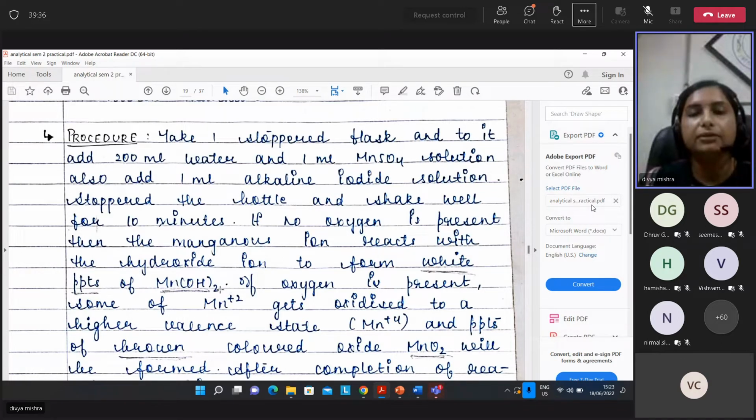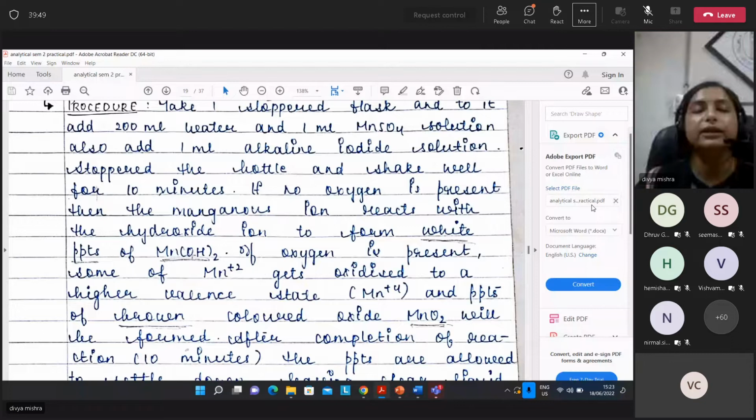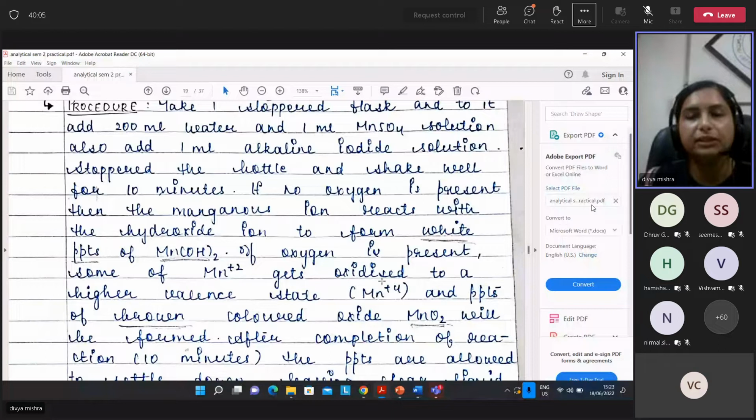Then if some of the manganese sulfate is left, it will react with the oxygen present in the solution, and you will get manganese oxide. You will observe brown colored precipitates. So your Mn plus 2 will change to plus 4, and you will see evidence of it by the formation of reddish brown precipitates.